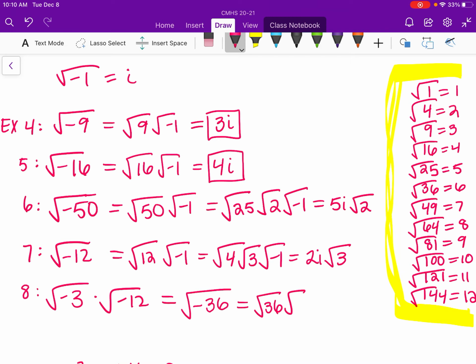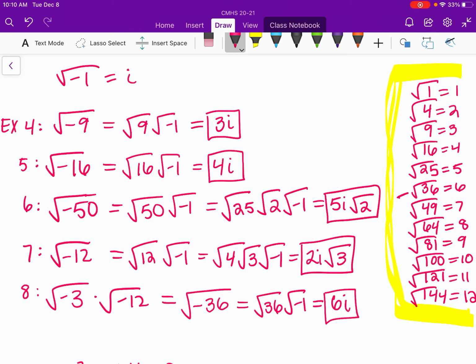And that can be broken down into 36 and negative 1. Is 36 on the list over there? Yes, I see it. It's right here. So the square root of 36 is 6, and then the square root of negative 1 is i. Oops, I forgot to put a box around my answers.